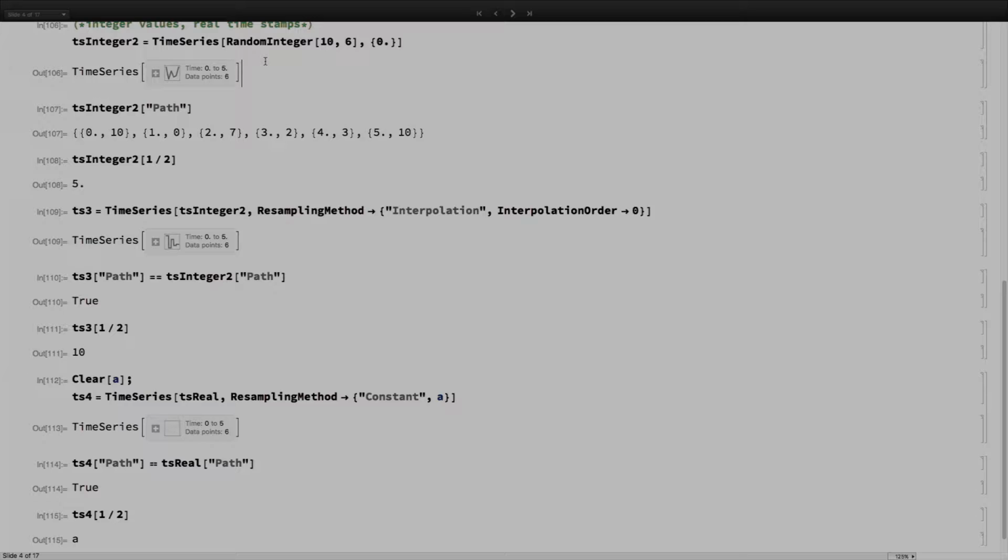The small plots refer to what we can get when we plot this time series. In this case, we see that there is a linear interpolation. In this case, I changed the interpolation order to 0, so our plot looks partially flat in between the timestamps. And here, in this output, we just get nothing, because we don't know what the value of A is. It's just a symbol, so it doesn't know what to give us as a preview of this behavior.